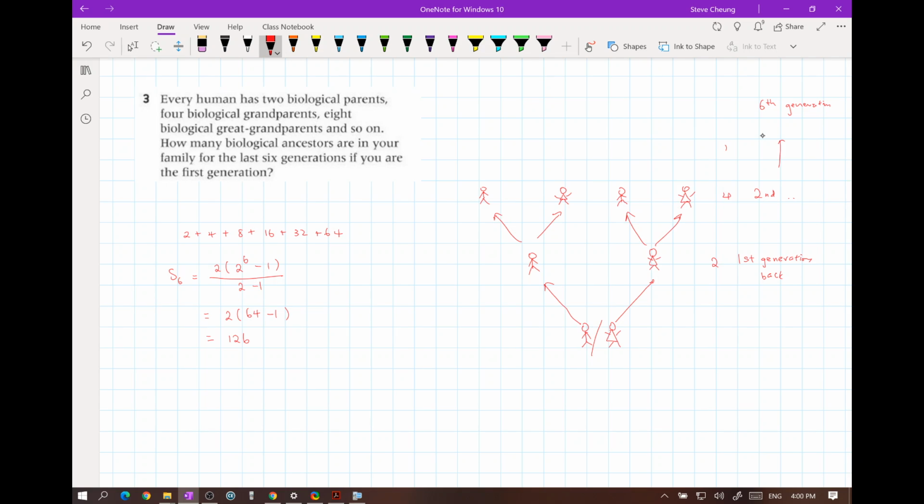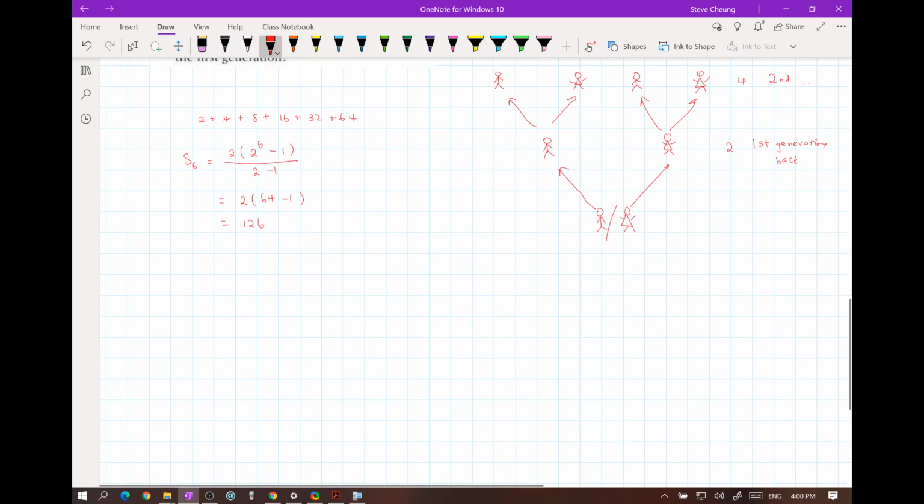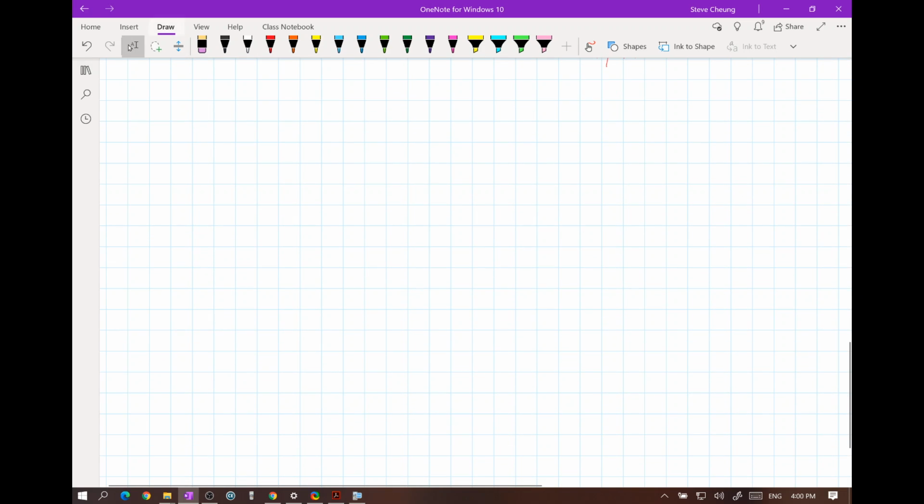Okay, 2, 4, and then 8, 16, and so on. And then by the 6th generation back, you should have 64 of your ancestors. And the last one.